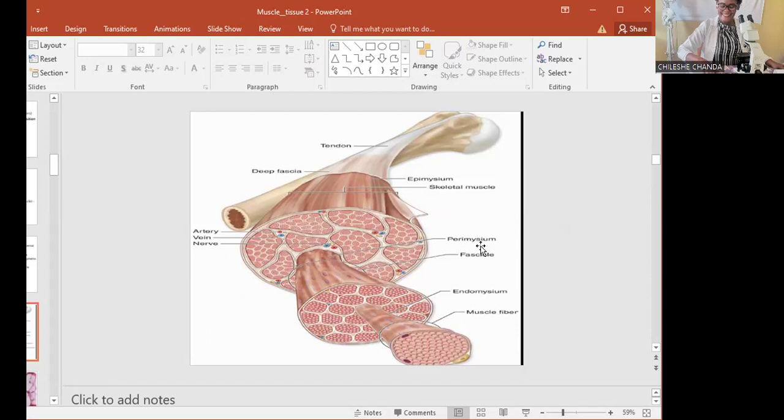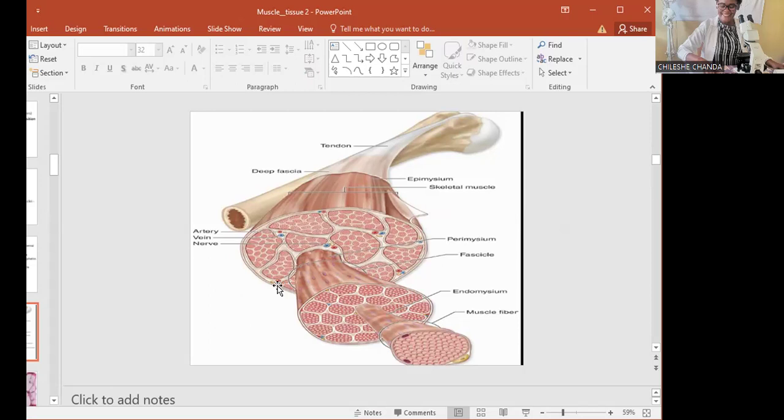In this connective tissue, we have enclosed blood vessels, lymphatic vessels, and nerves. Those blue ones are veins, those red ones are arteries, and then we have nerves and lymphatic vessels, which you cannot see here.